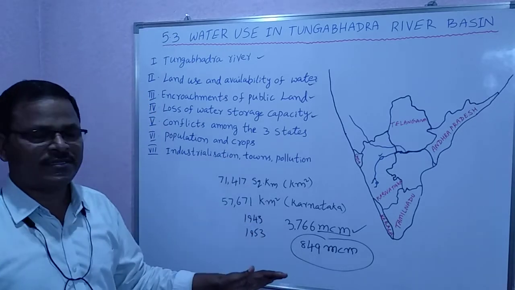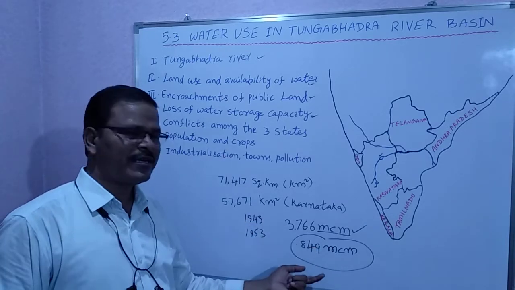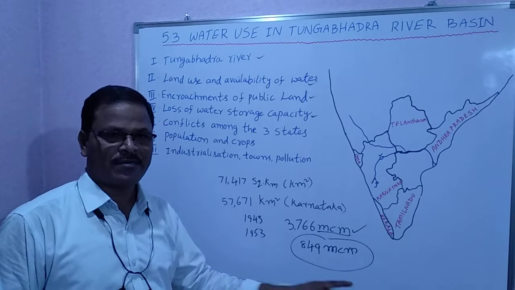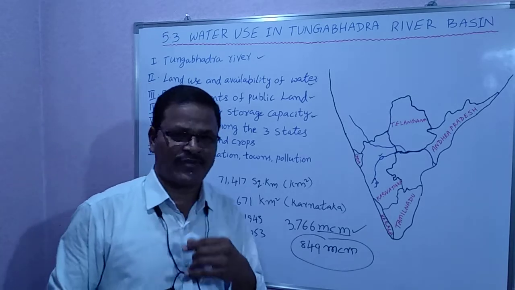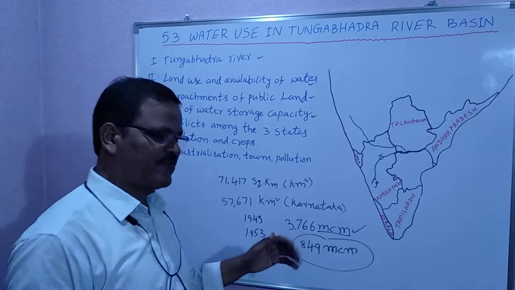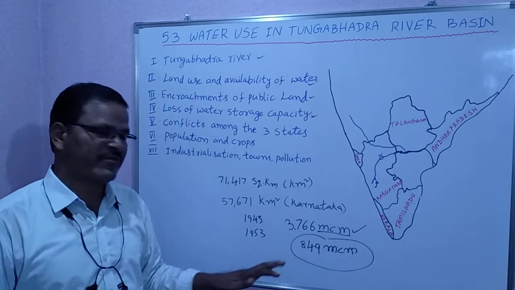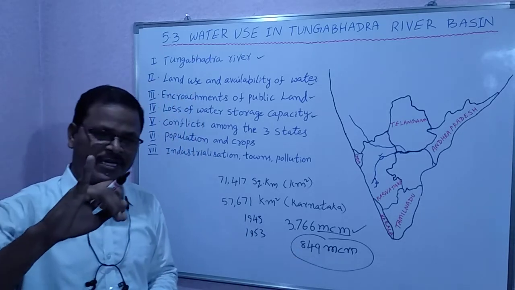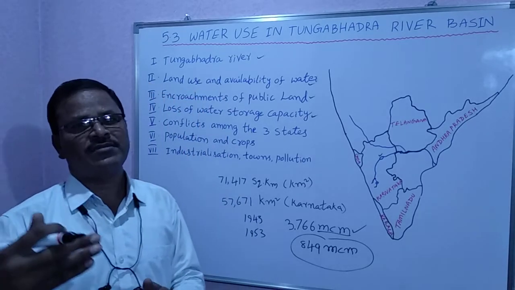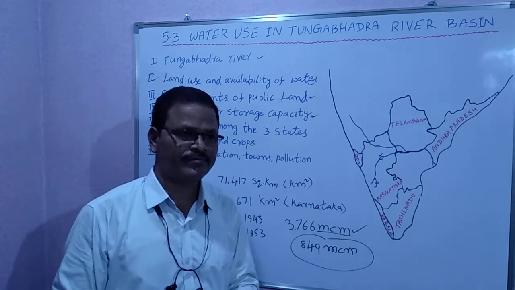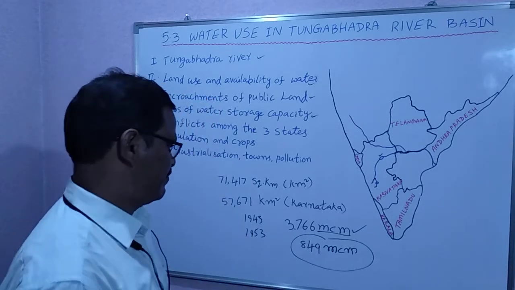In these 15 years, 859 million cubic meters were lost by the Tungabhadra reservoirs. What is the reason for this? Because of mining, soil erosion, dust, etc.